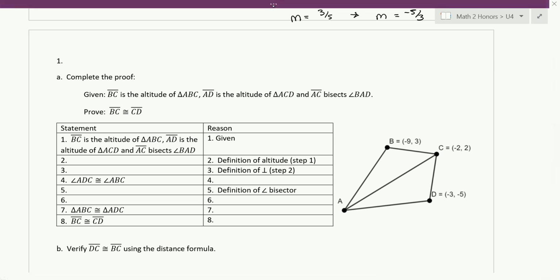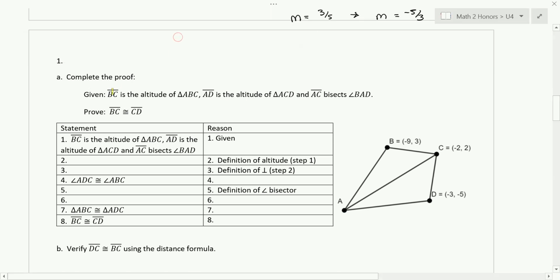BC is an altitude of triangle ABC. Take a look at the picture and think about what that says. What does that really tell us? Think about the definition of an altitude. What does it mean in this picture? Here, I'll highlight BC. BC is an altitude of ABC.